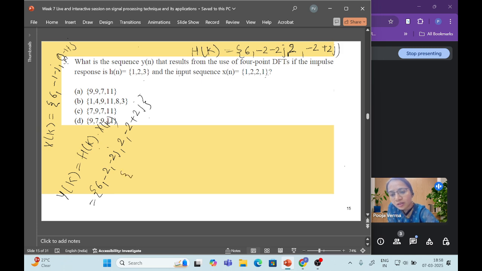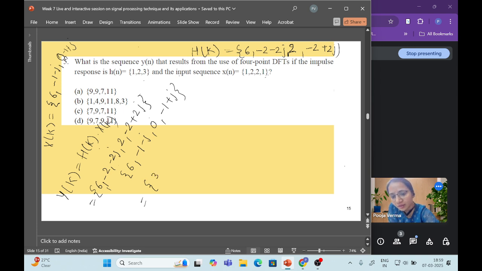And the other sequence is 6, minus 1 minus j, 0, minus 1 plus j. So it is at the 0th position, 1, 2, 3. Similarly here, 0 position with 0 position, 1 with 1, and 2 with 2, just multiply.